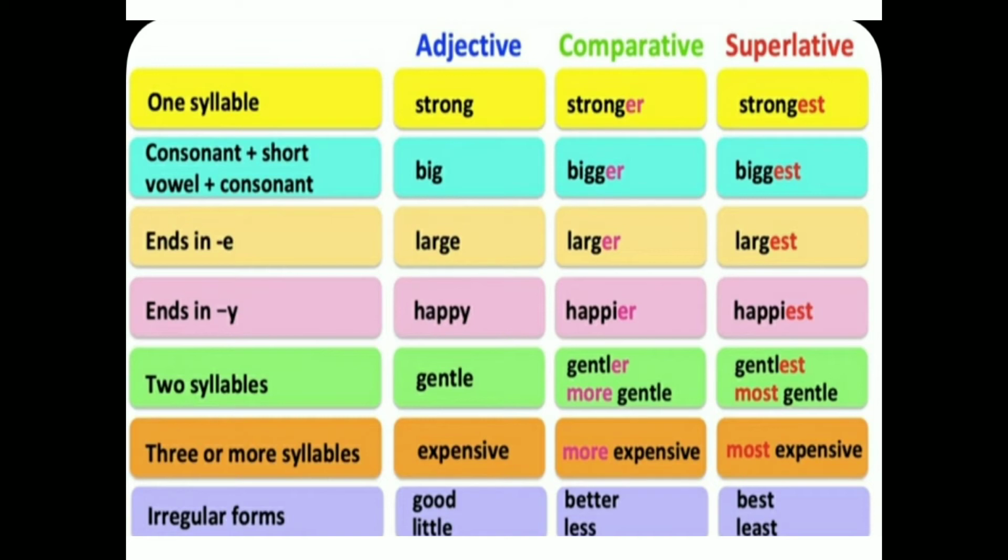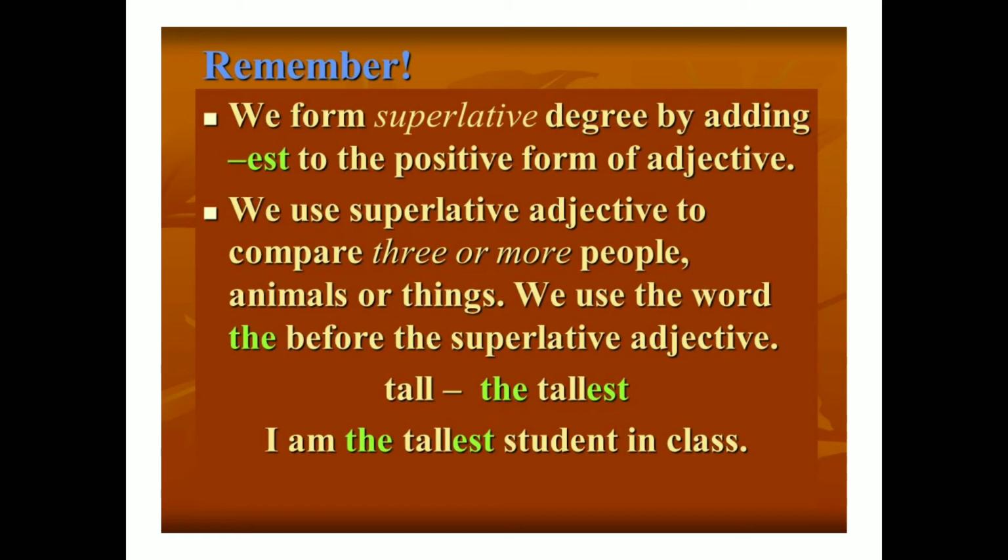One more thing that you have to remember is that we use than with a comparative degree and the with a superlative degree. Always remember that we use than with comparative and the with superlative. For example, Mohan is shorter than Ricky. Falguni is the shortest girl in the class. Like this.